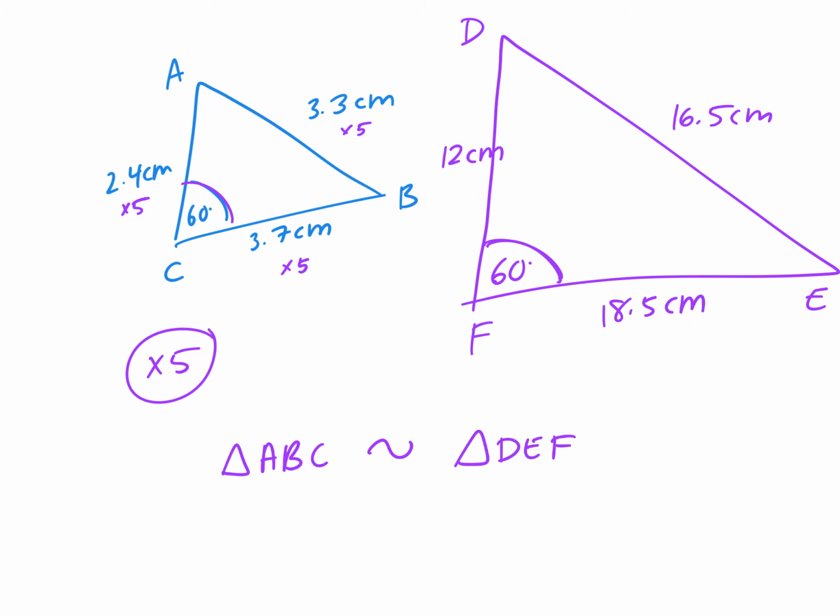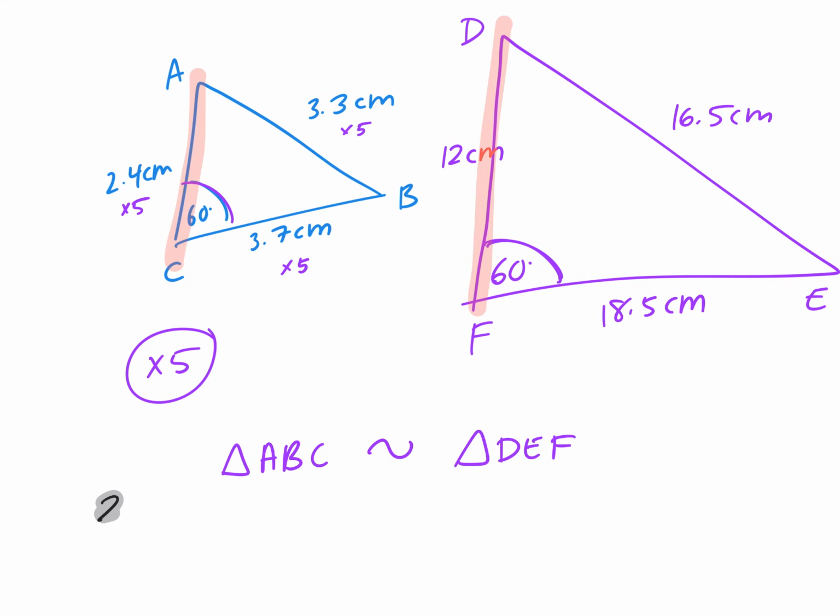Another way that we can check to see if the corresponding sides are proportional is to figure out the ratios of the corresponding sides. So let's figure out which sides are corresponding. AC corresponds with what? DF. If they're in the same position, it's easy to see which sides correspond. So let's figure out the ratio of AC and DF.